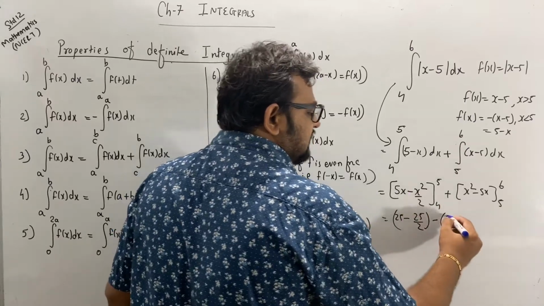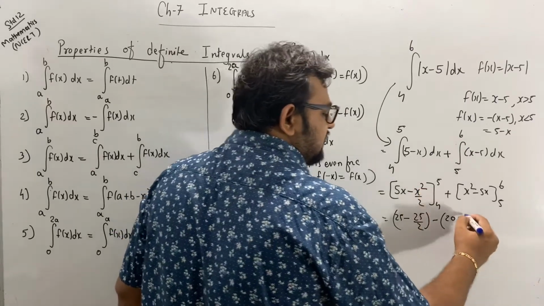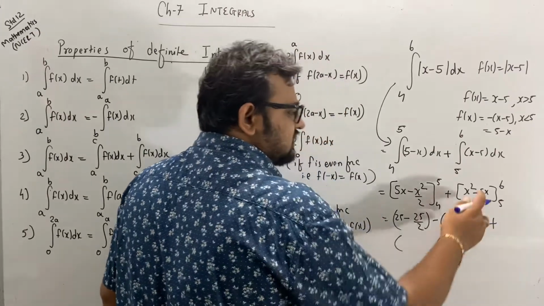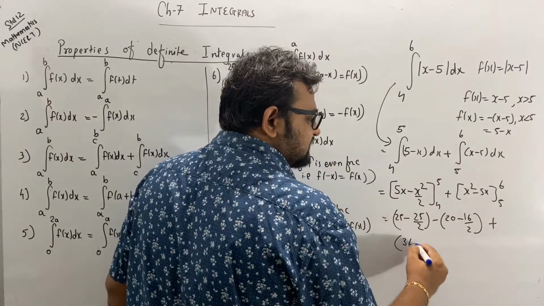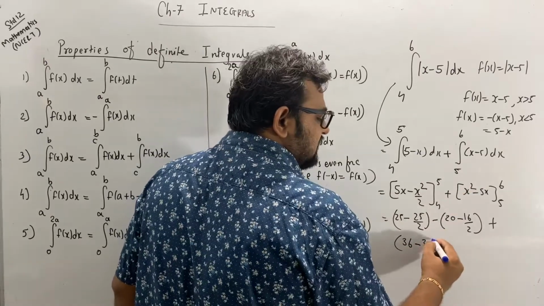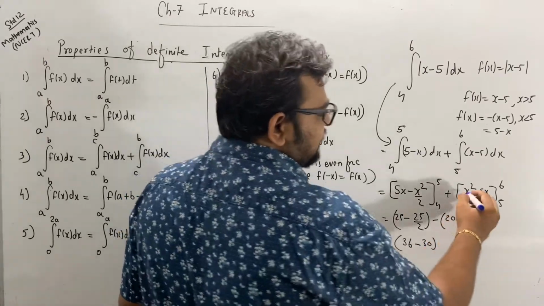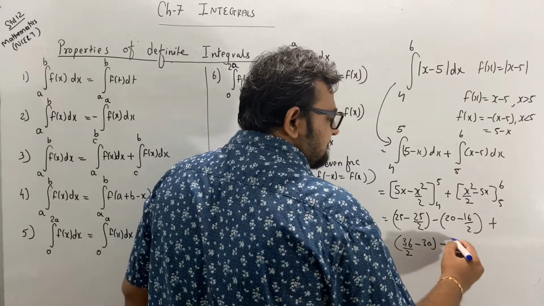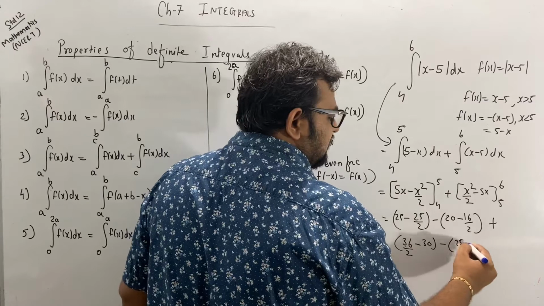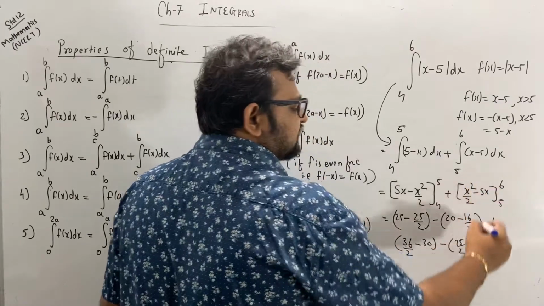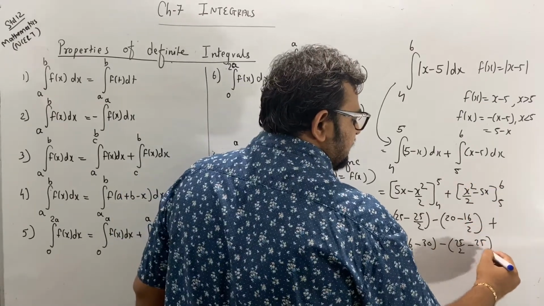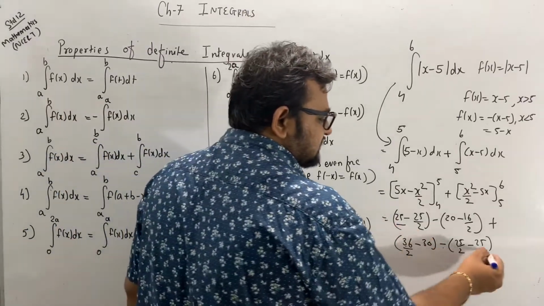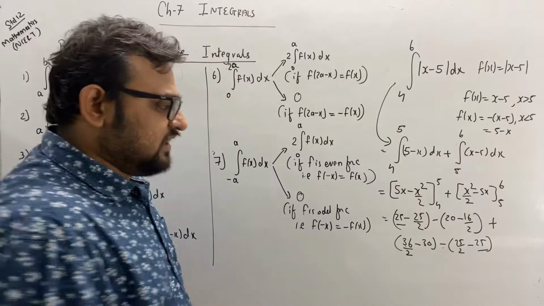Minus 4 fives are 20, minus 4 square, 16 by 2, plus 6 square, 36 by 2, minus 6 fives are 30, minus 5 square, 25 by 2, minus 5 fives are 25.